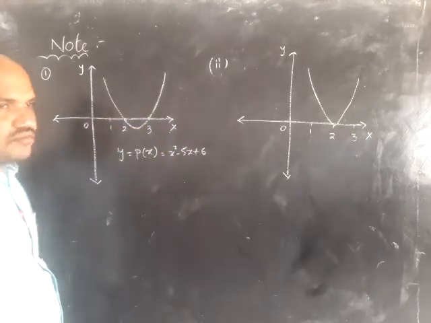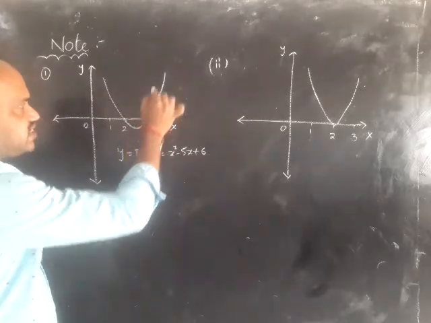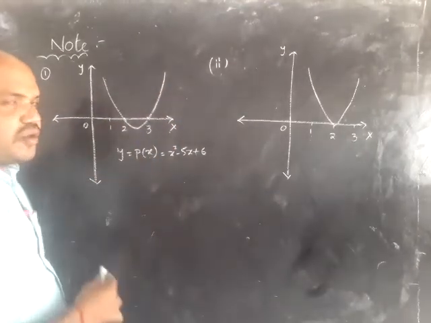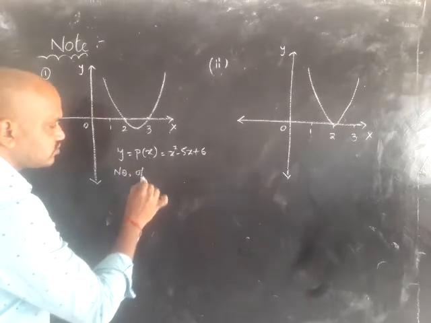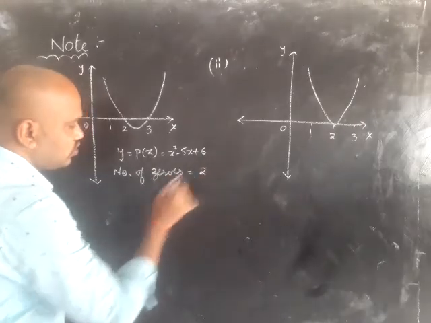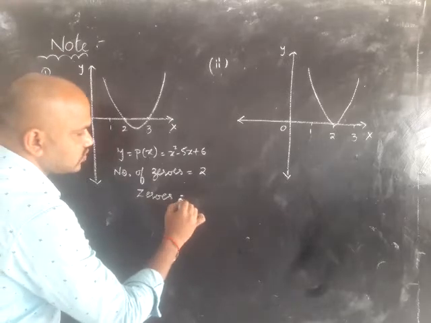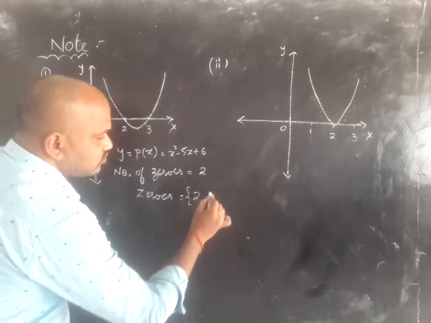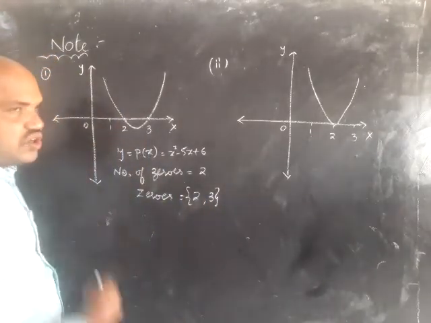So here the graph is intersecting the x-axis at 2 points. Therefore, it has how many zeros? Number of zeros will be 2. Zeros are 2 and 3. So only two zeros are there.